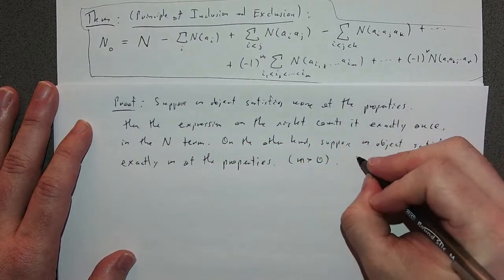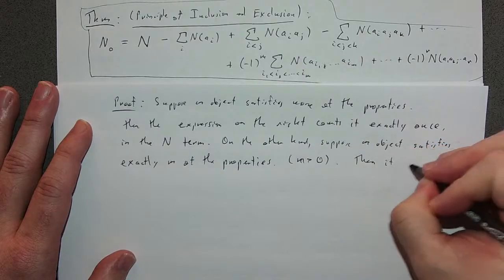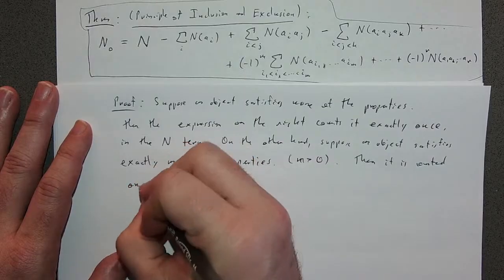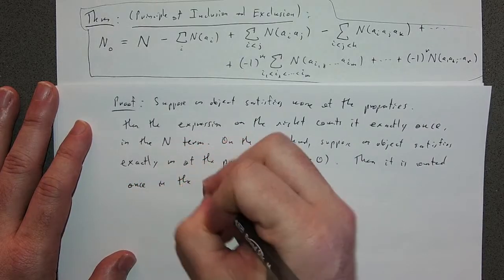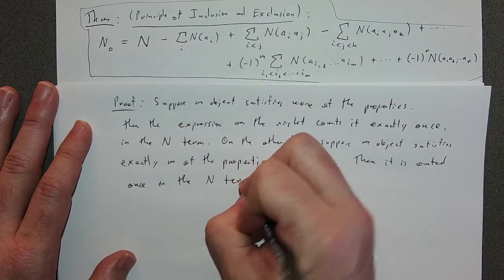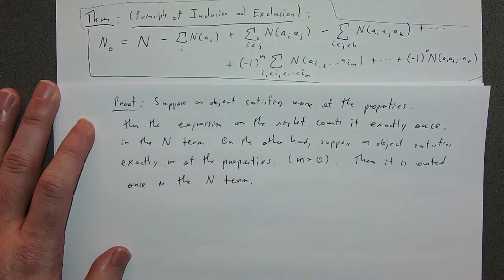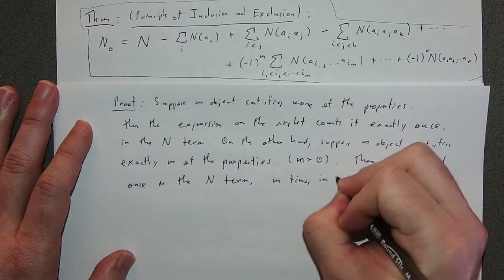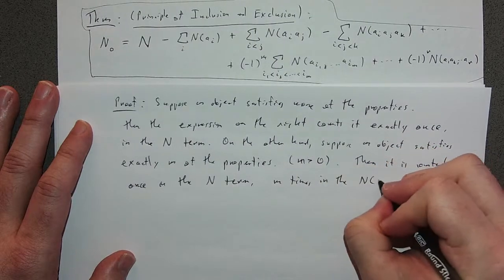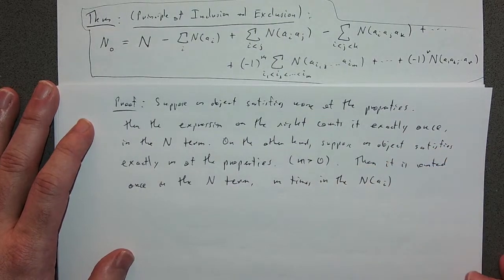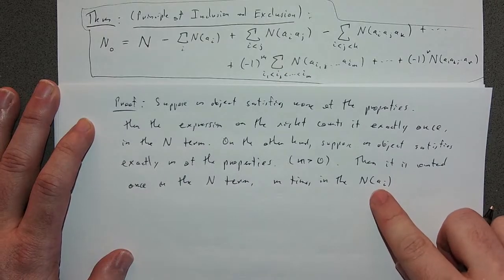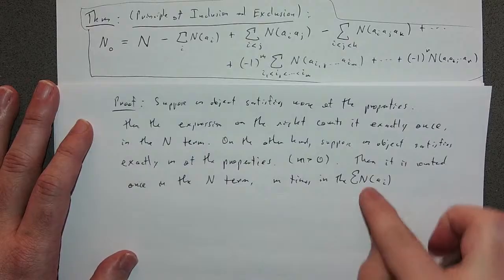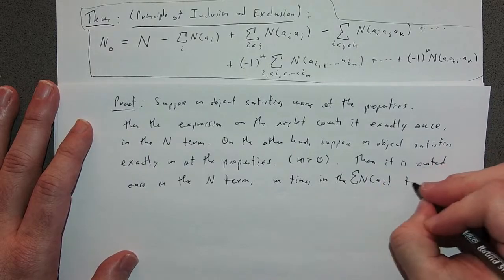So then it is counted once in the n term, m times in the term that takes these properties one at a time. And there's, of course, sums here, so since we're summing over them, it's counted m times in this term.